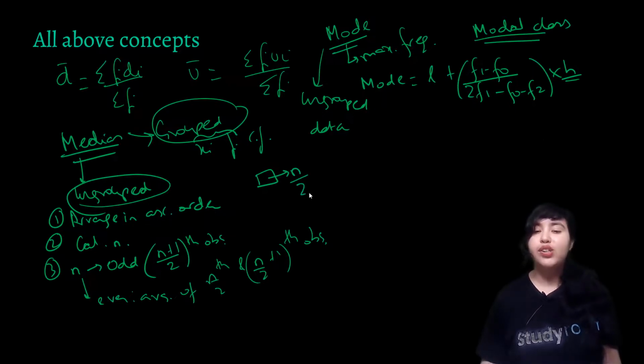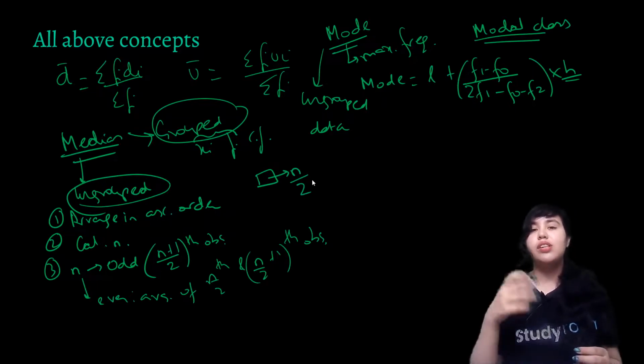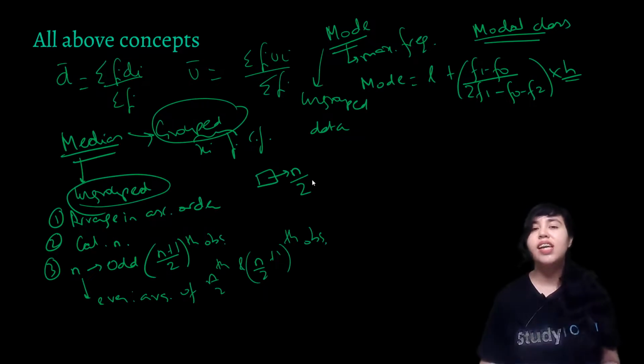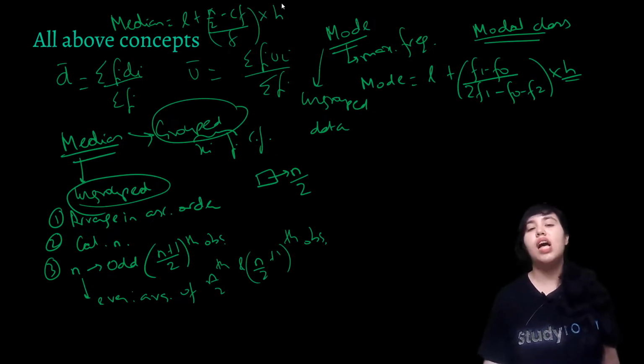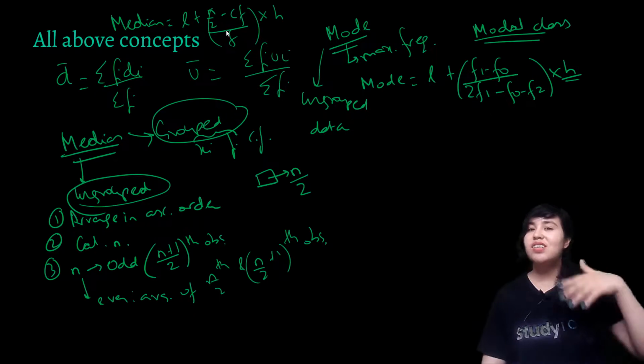We divided it by 2, and then we looked for the corresponding median class. Once we had the median class, we made use of the formula for median, which is equal to L plus n by 2 minus cf upon f into h. So h is the class size of the median class, L is the lower limit of that class, f is the frequency of that class, and cf is the cumulative frequency of the preceding class.